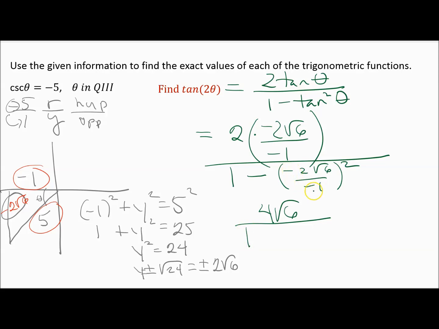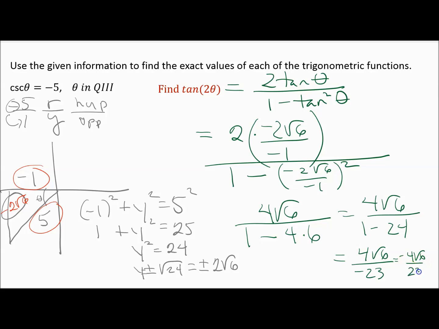Those are gone, so this is still minus. 2 squared is 4. The square root of 6 squared is 6. So that gives me 4 square root of 6 in the numerator, and then 1 minus 24 in the denominator, which is 4 square root of 6 over negative 23, or negative 4 square root of 6 over 23.